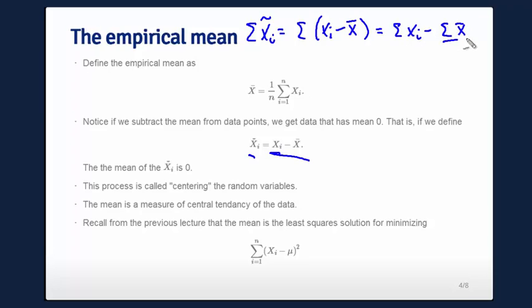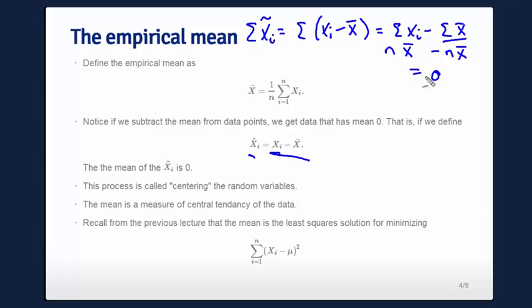But this doesn't depend on i, so this is just n x bar, because we've added x bar n times. And the first term is just the average, but we haven't divided by n, so this is also n x bar, so that's equal to 0. This process is called centering the random variables.